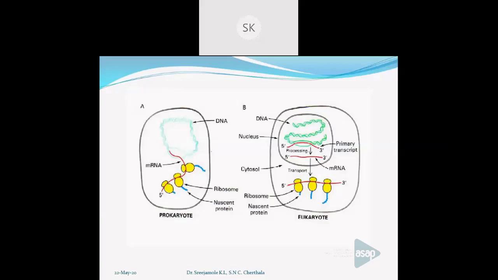And in the case of the 5' cap, there are some proteins known as cap binding proteins, which help in translation. These cap binding proteins first attach onto the 5' cap, and then after that the translation process can continue. So that's how the 5' cap and the poly A tail help the translation process.